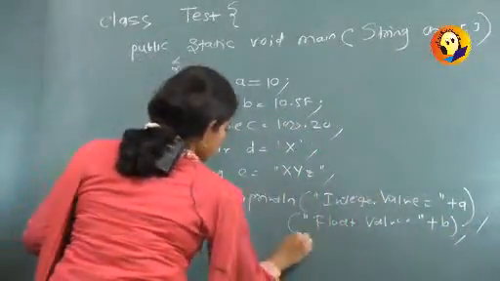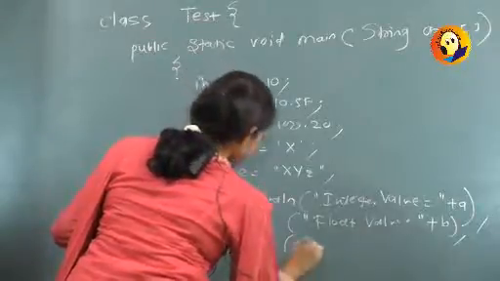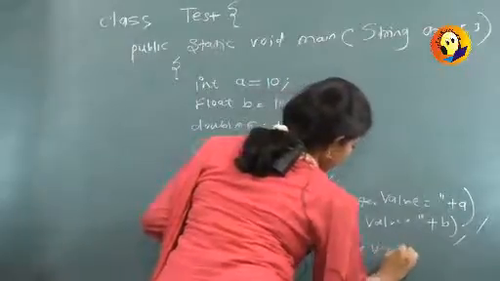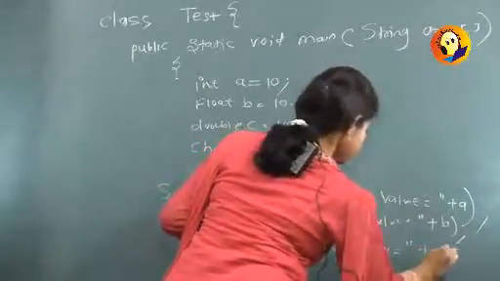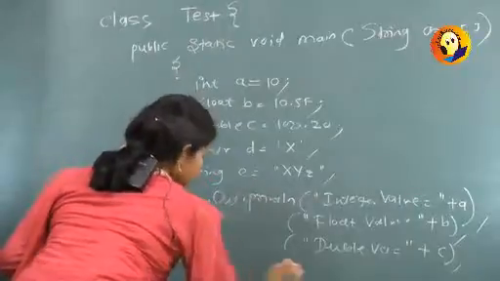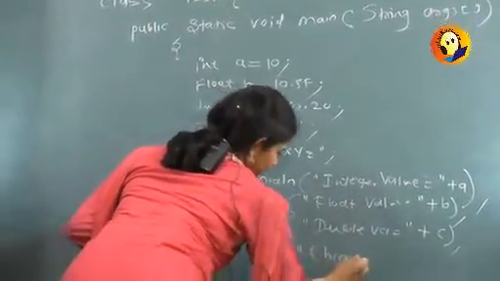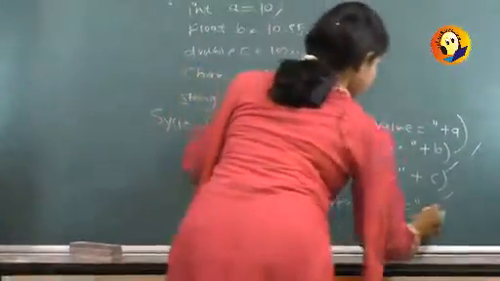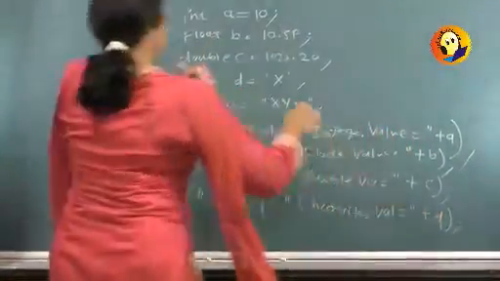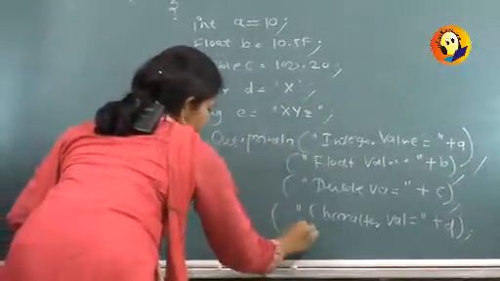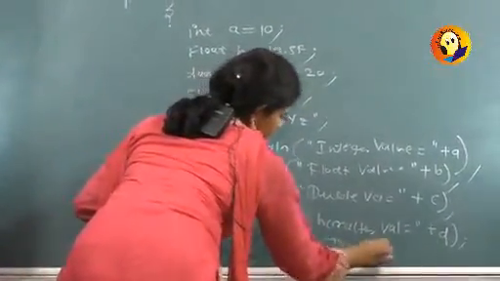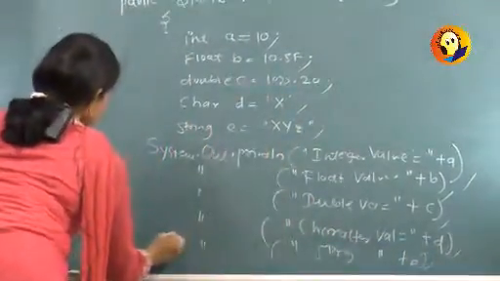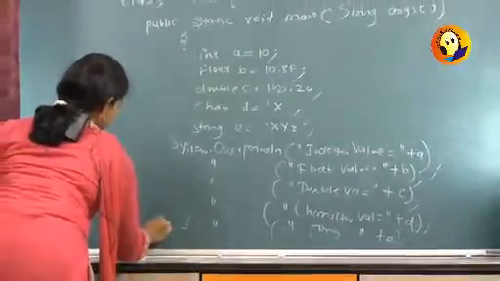Similarly, if I need to display the double value, then "double value is equal to" with C, then "character value is equal to" with variable D, and then the string value with variable E. After that, close the bracket of main, and close the bracket of class.